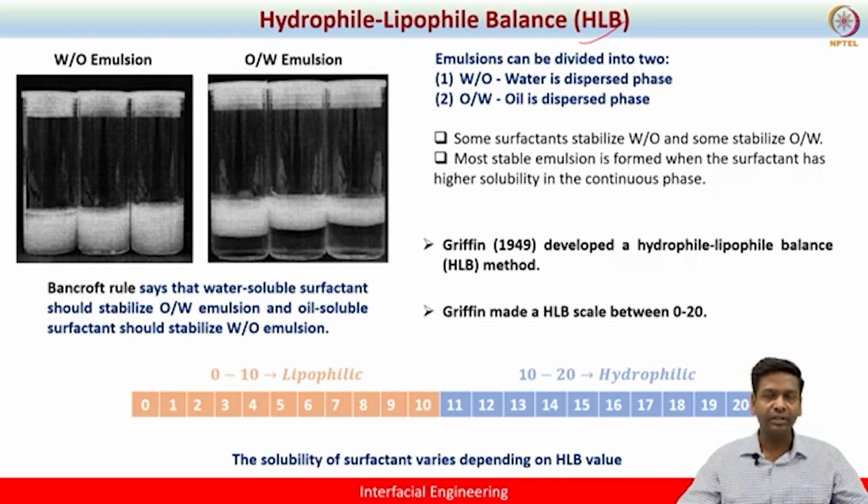They would try to maximize their exposure with the oil, because they would like to maximize their contact with the oil phase. In such a case, you can expect that they will stabilize water in oil emulsion.